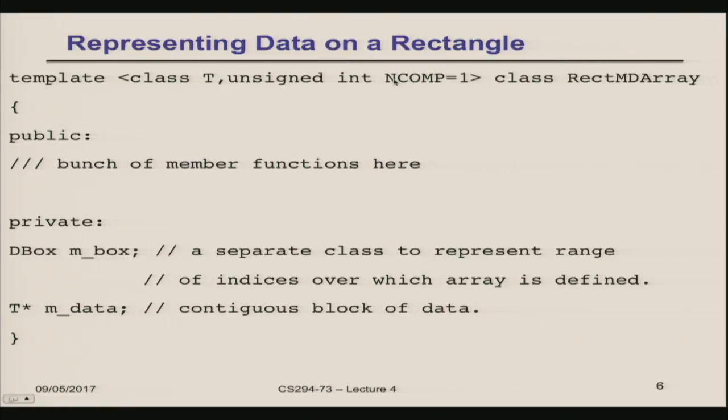So you'll see how that works later. And in fact, you're specifying both of these at compile time. When you actually use rectMD array, you are using it with these parameters being known when the compiler hits the code.